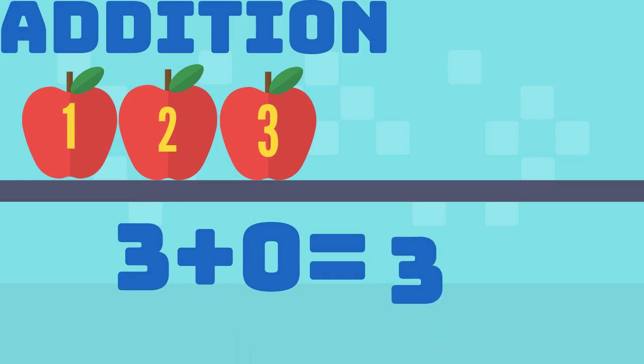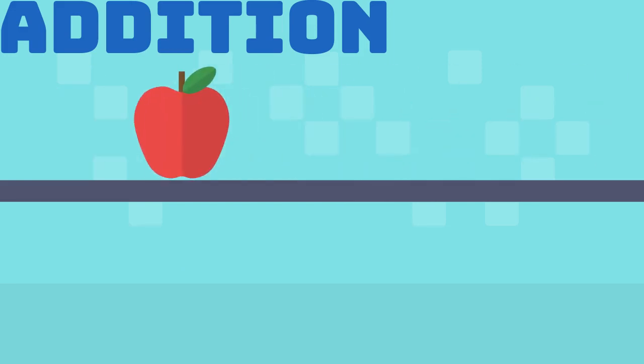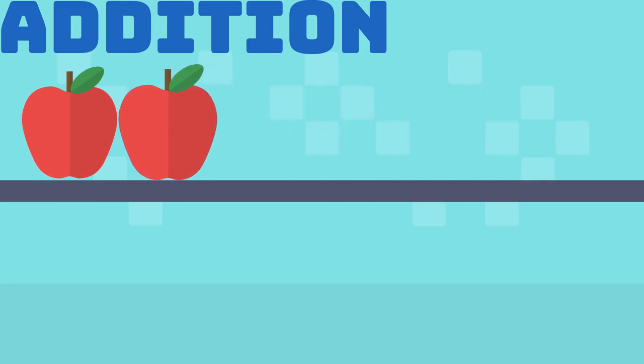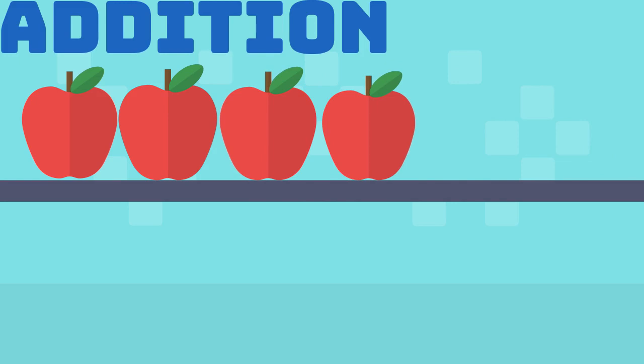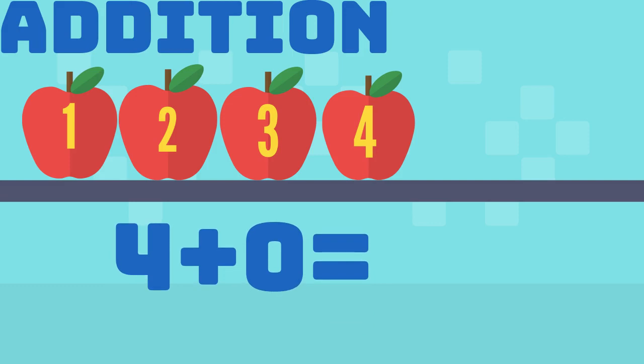That means 3 plus 0 equals 3. 1, 2, 3, 4 apples plus 0 equals 1, 2, 3, 4 apples. That means 4 plus 0 equals 4.